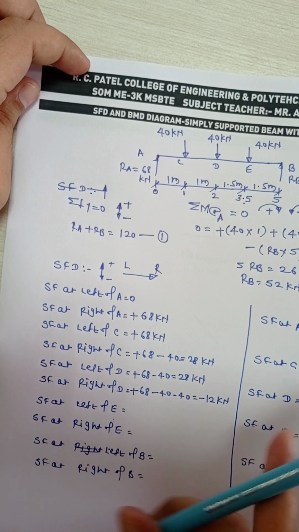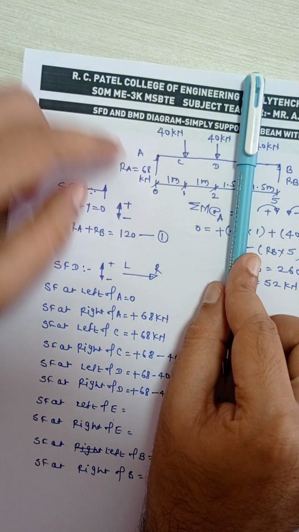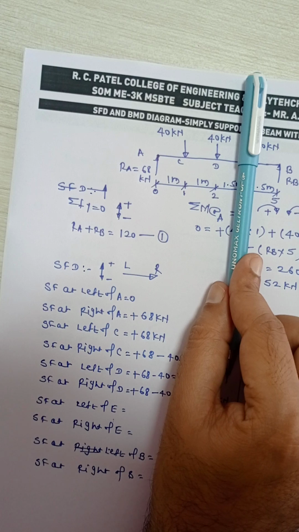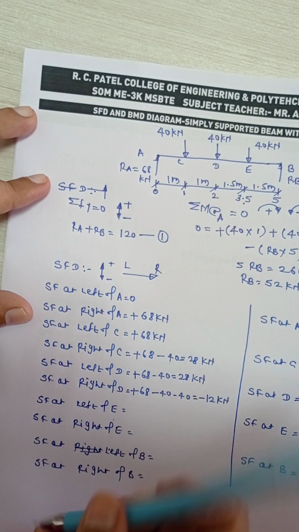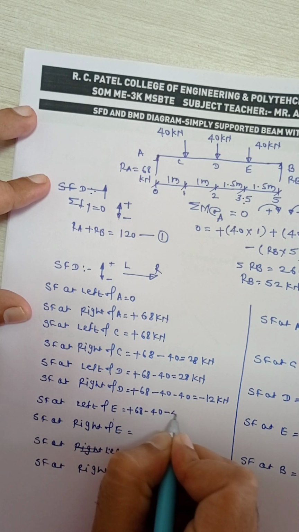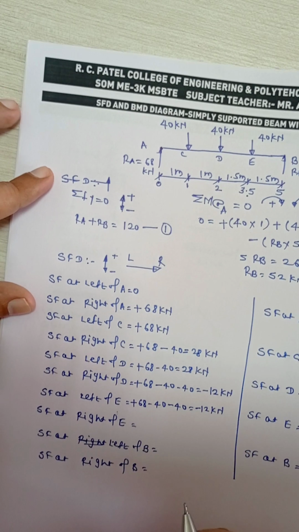Next is left of E. Left of E we also observe the 68 kilonewton at A, 40 kilonewton at C going downward, and at point D 40 kilonewton going downward. So write down, the answer will be minus 12 kilonewton.